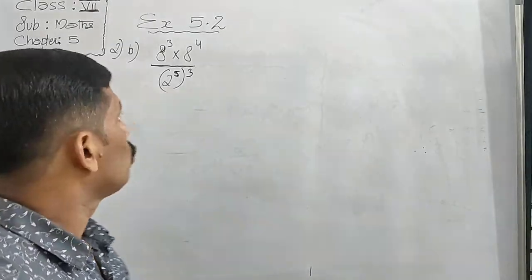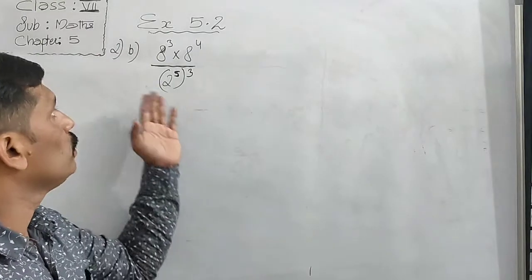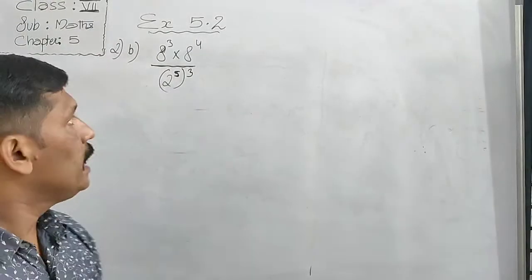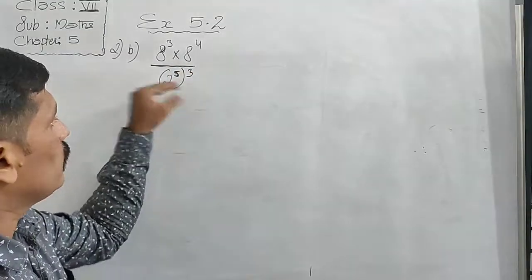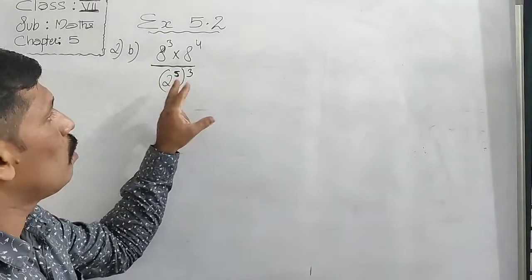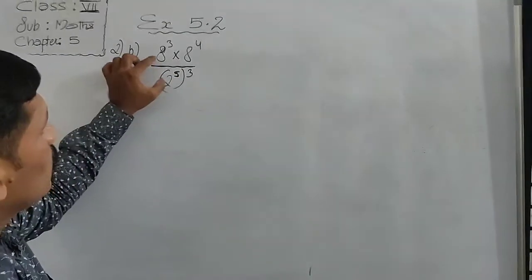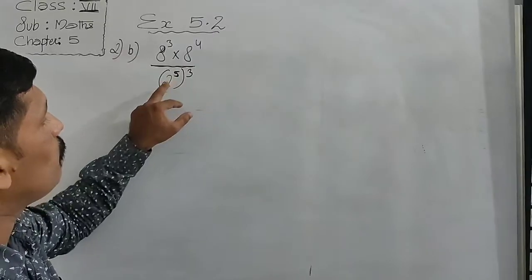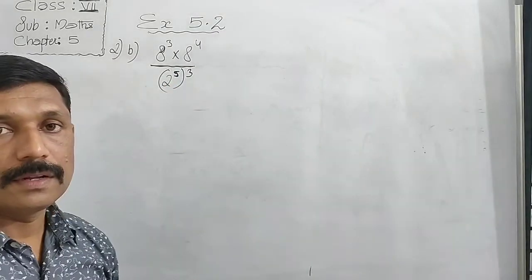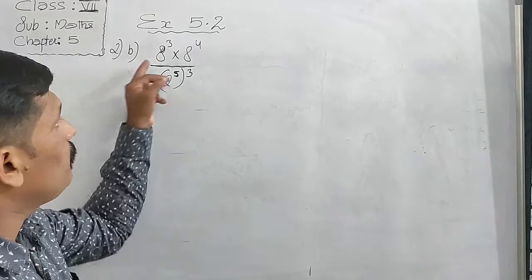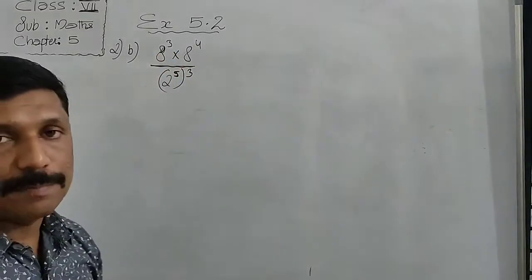Students, now we are going to solve exercise 5.2, second question B. 8 power 3 into 8 power 4 divided by 2 power 5 all power 3. Students, here you can see that upside the base is same but downside it is different. So how can we make all bases same?